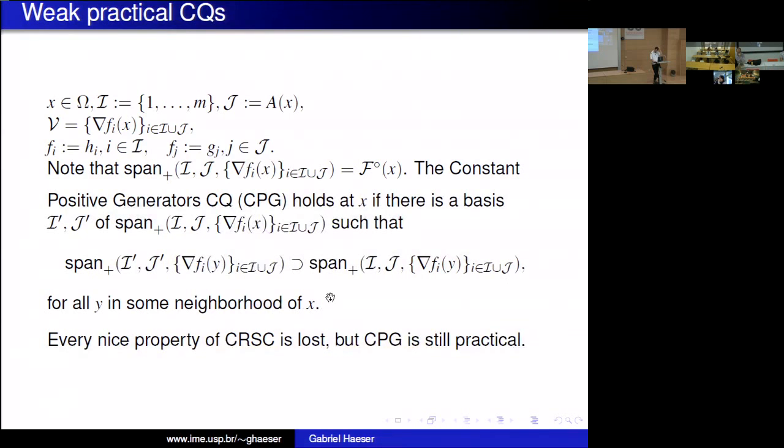So for this CPG condition, we lose every nice property, but it is still practical. So we proved convergence of this line of algorithms that generate approximate KKT points.